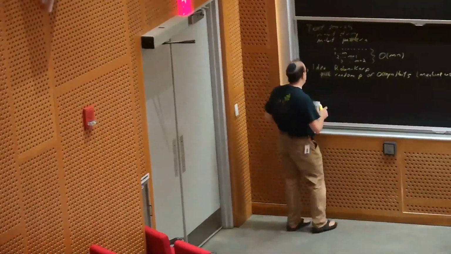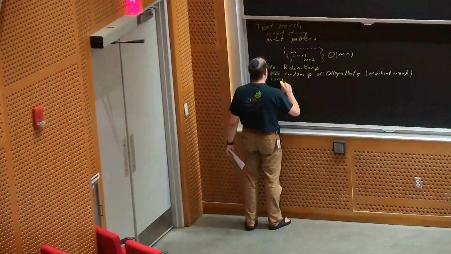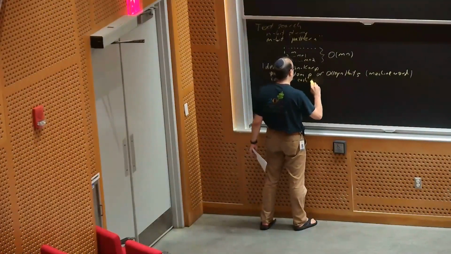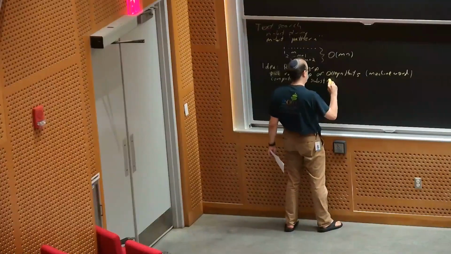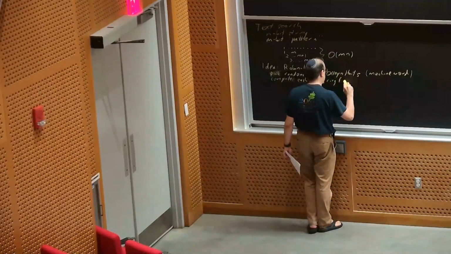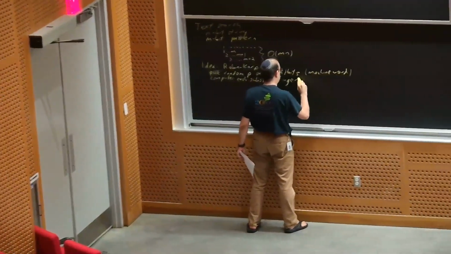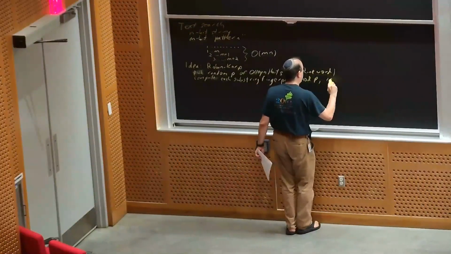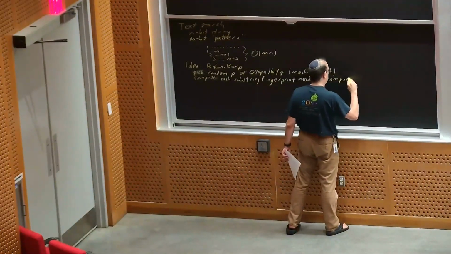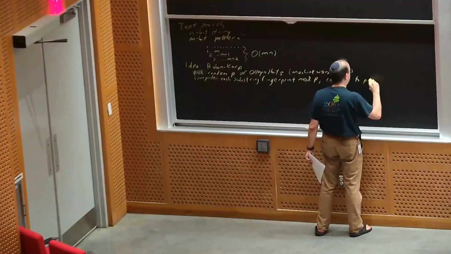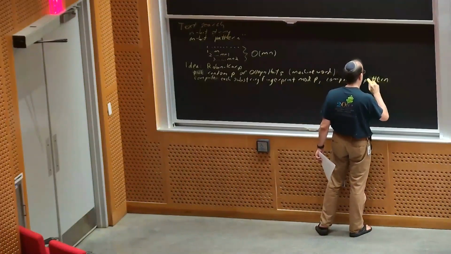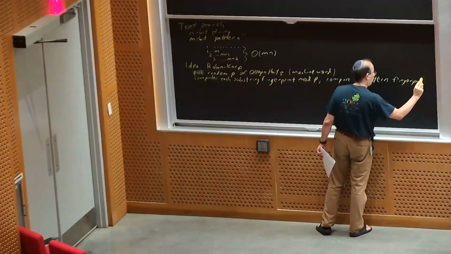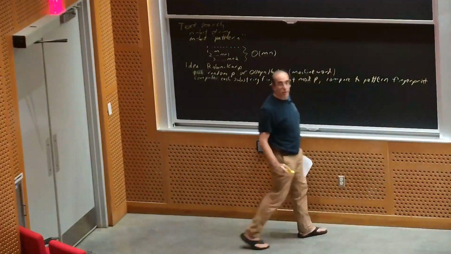So we pick random p. We try to compute each substring fingerprint mod p, and we compare it to the pattern fingerprint. Right?